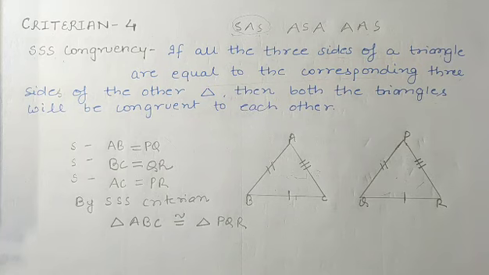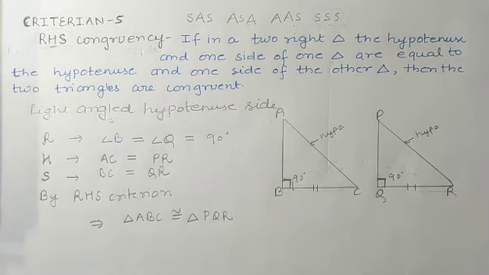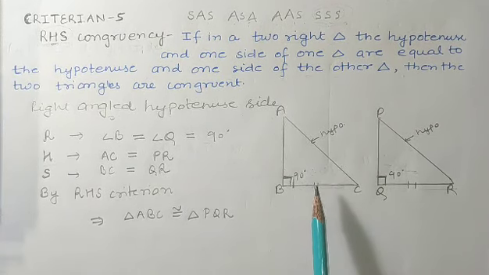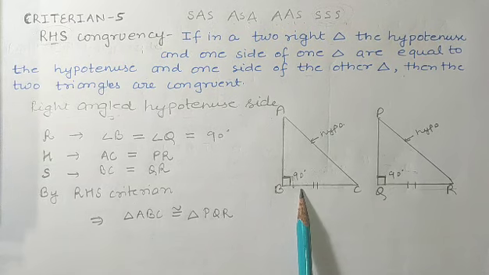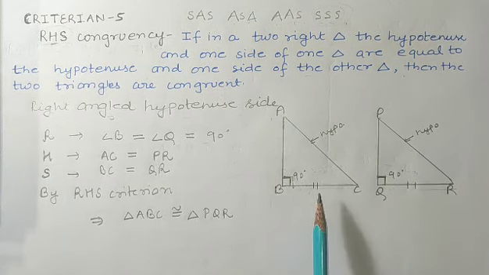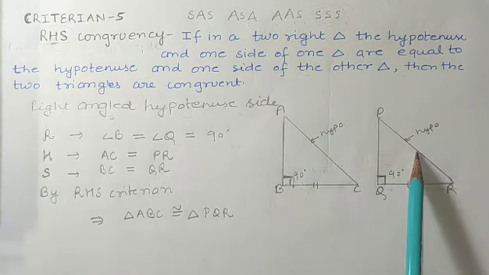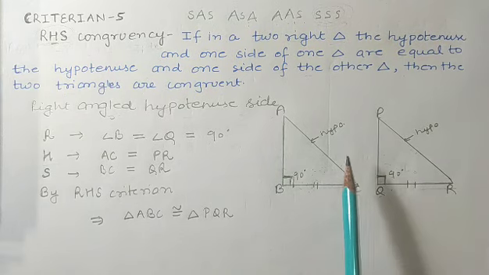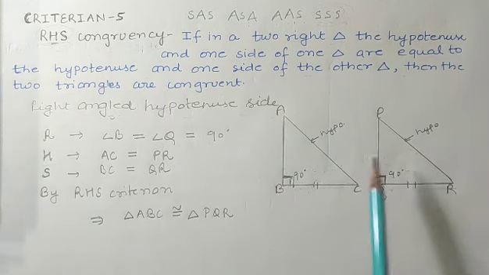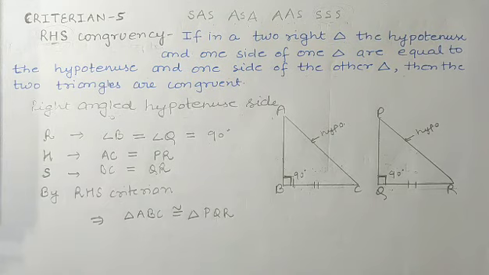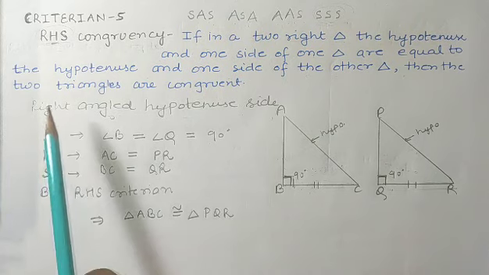Criterion 5 is what? In criterion 5 we have studied that if 2 right triangles are there, the very first and important condition is that the triangles should be right triangles. If their hypotenuses are equal, and one pair of any of the other sides is equal, either base equal or perpendicular equal, then that type of triangles will be congruent by the criteria RHS.